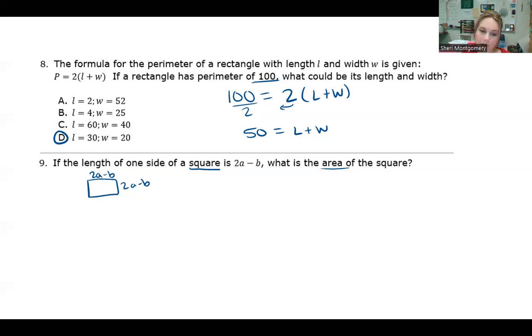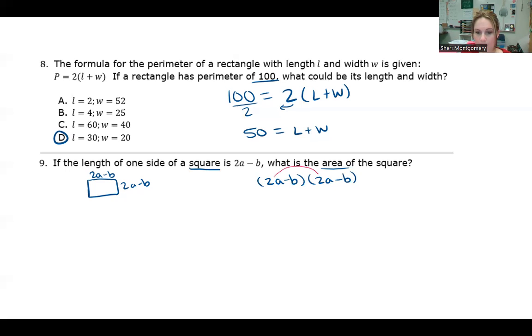We add, subtract, multiply, or divide for area. We wrote it down at the front page. We multiply. So we have to multiply these two. We've got 2a minus b times 2a minus b. You can box it if you want, or you can FOIL it. Doesn't really matter. So if you like the box, use a box.